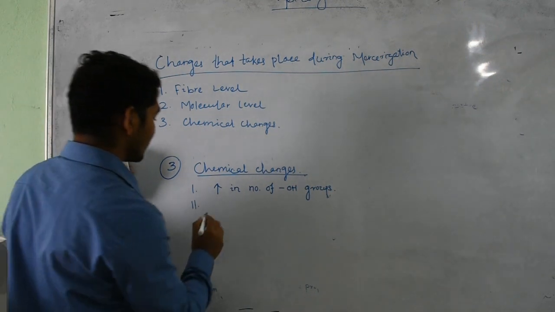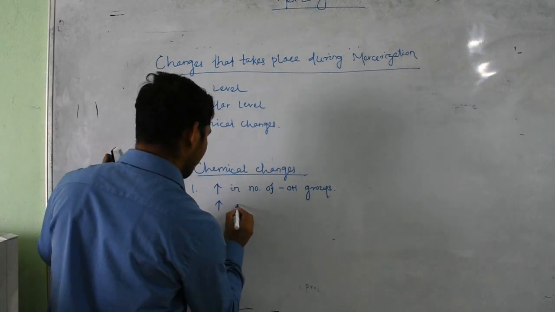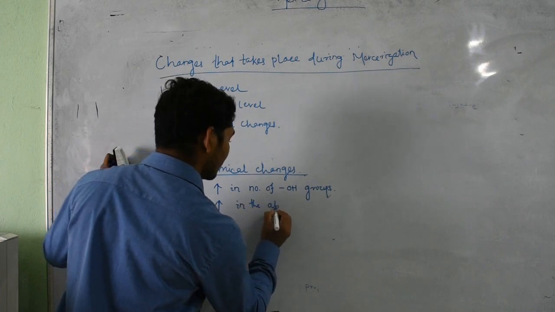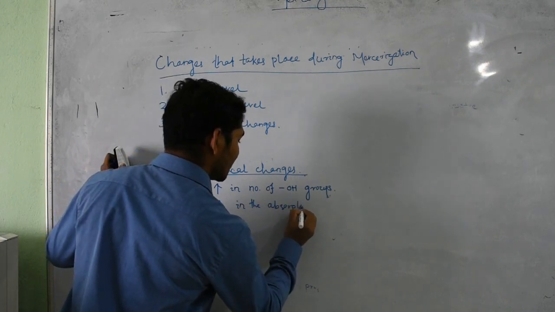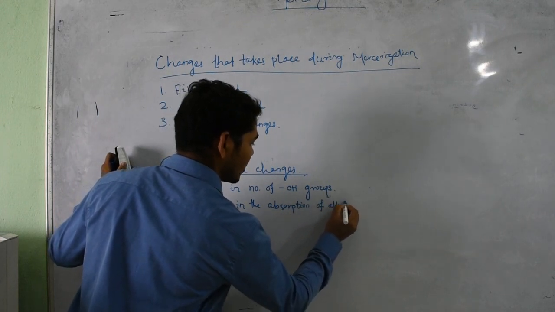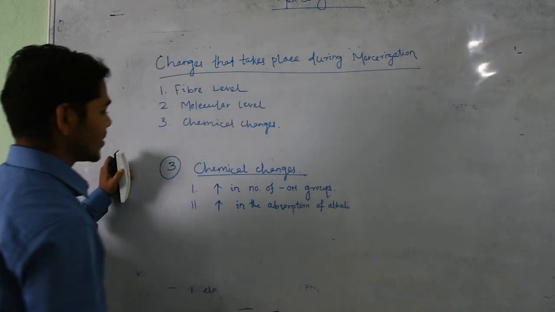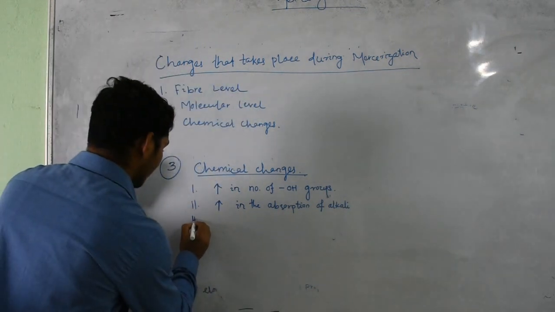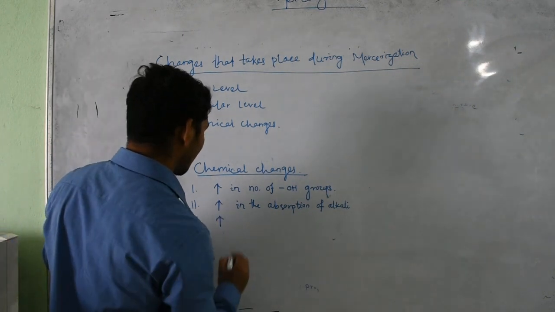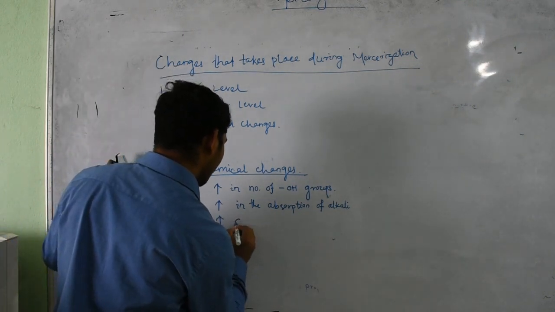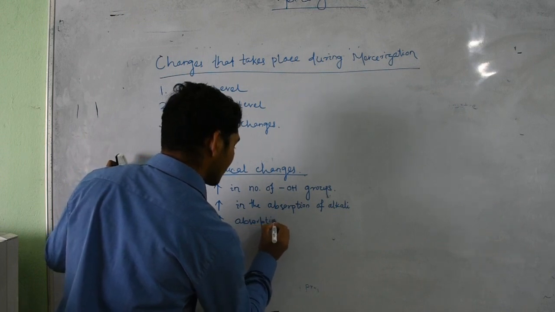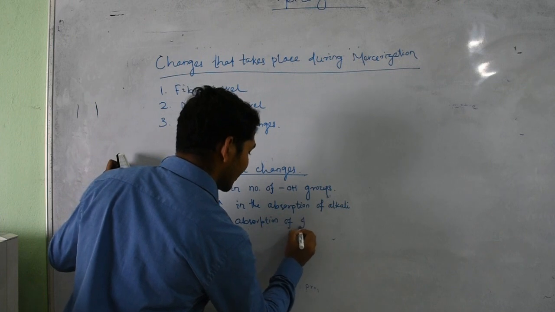Second change is increase in the absorption of alkali. Alkali means sodium hydroxide, potassium hydroxide or any other alkali. And the third change that takes place in the chemical level is increase in absorption of iodine.